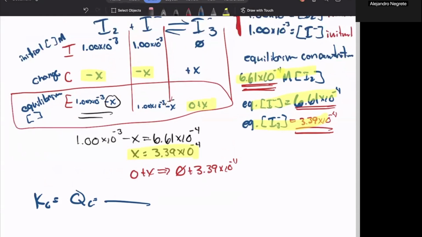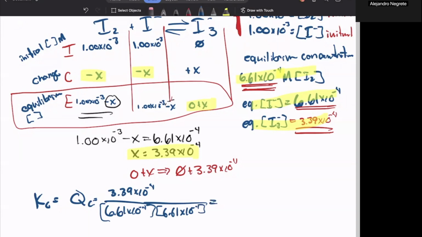Products concentration, so we have 3.39 times 10 to the minus 4 over 6.61 times 10 to the minus 4 times 6.61 times 10 to the minus 4. And we can figure out what this is.